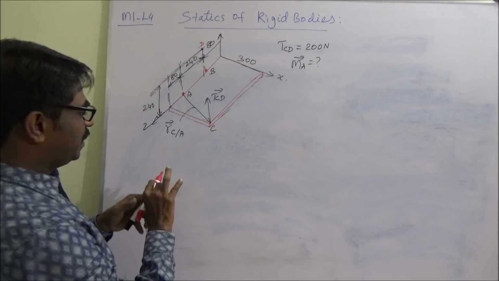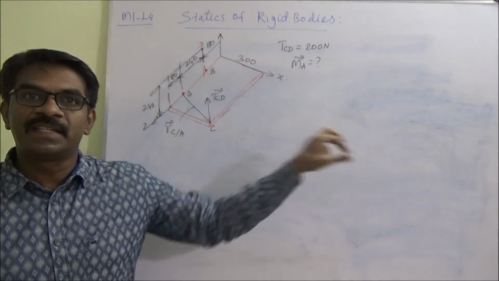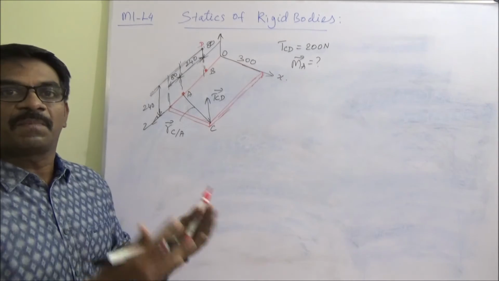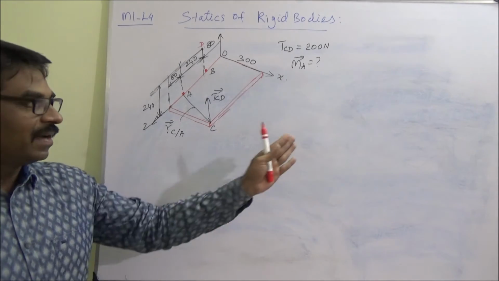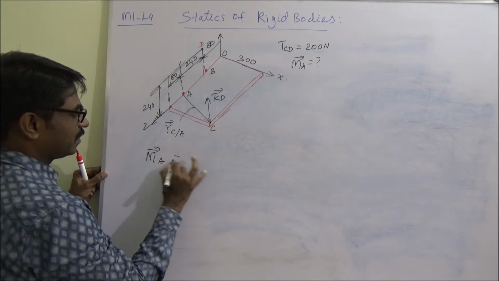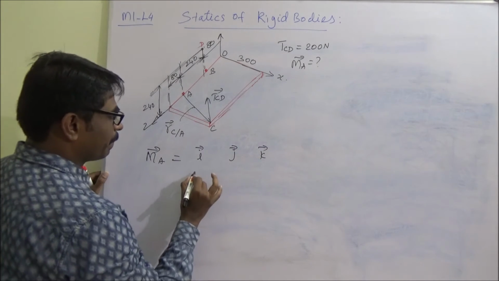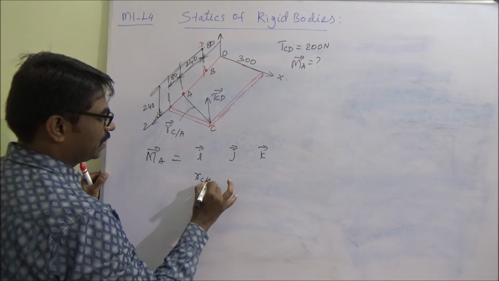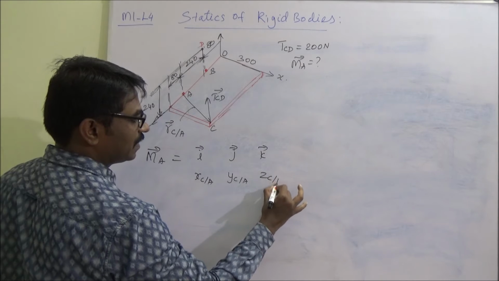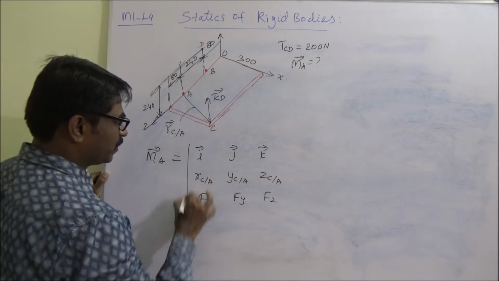As we know, we just learned the determinant about O. Here the O is here. For some other point, we have to use a different determinant, so I'm going to use that. i vector, j vector, k vector, xCA, yCA, zCA, Fx, Fy, Fz.